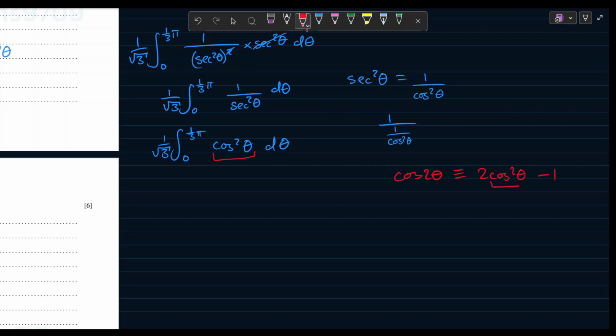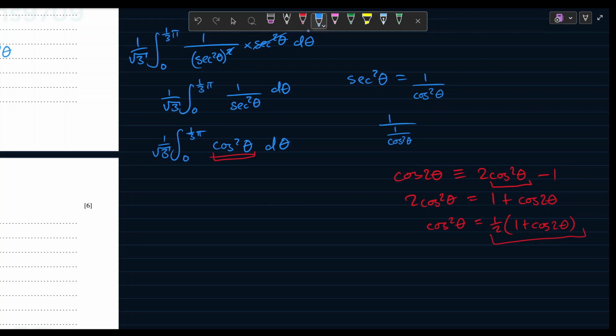So we have to make this cos squared theta subject of the formula. So that's 2 cos squared theta is equal to 1 plus cos 2 theta. And so cos squared theta is equal to, divide both sides by 2 or multiply by half. And so we can replace this cos squared theta with half times 1 plus cos 2 theta.